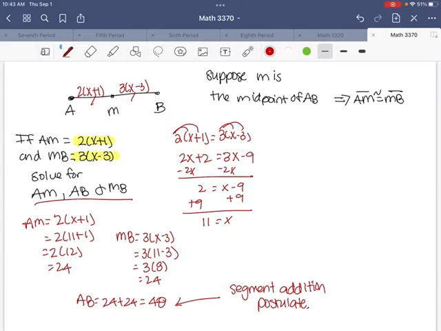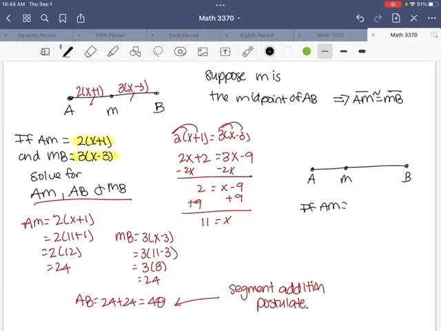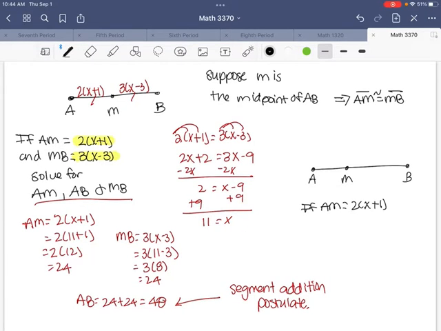Let's work this one again. But this time we're going to suppose that M is not the midpoint of the line segment. We want to solve for x. And let's say we know AM is still 2x plus 1, MB is still 3x minus 3.